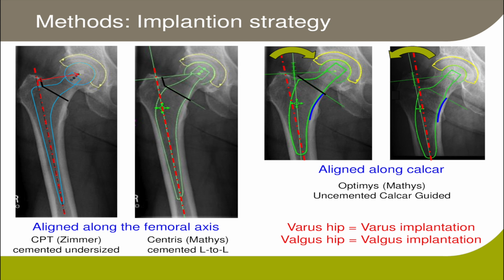We used the same implantation method that we believed they need to be implanted for. So the cemented undersized stem was put in line with the shaft. The Centris stem was cemented line to line, and the Optimis stem was placed along the calcar.